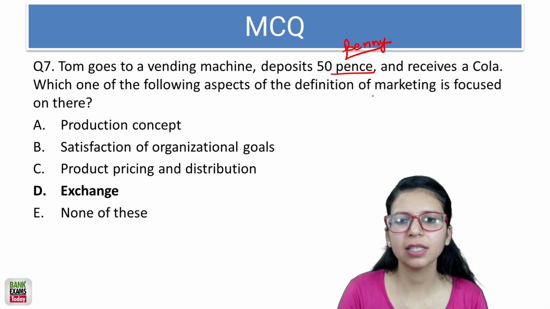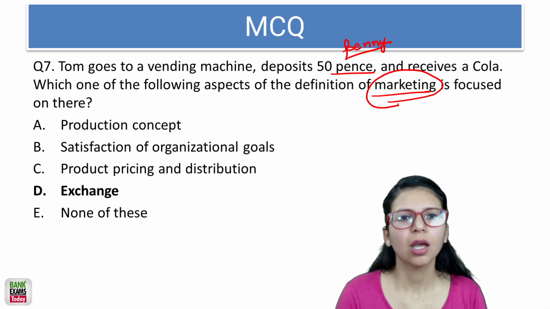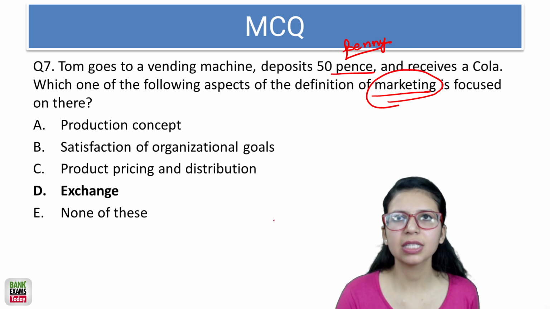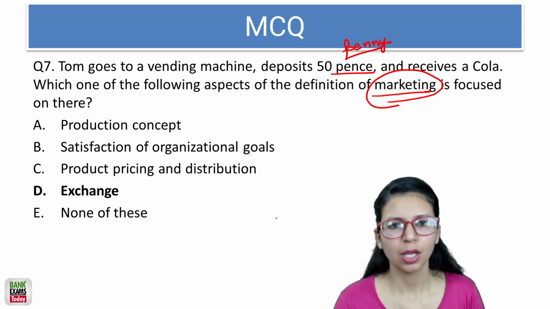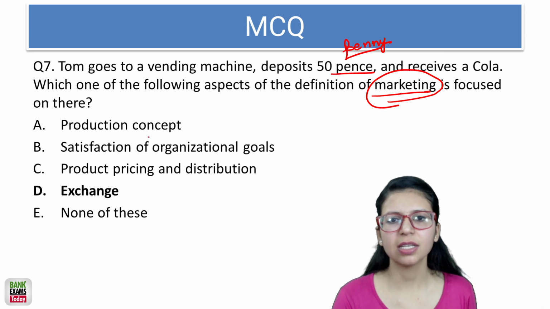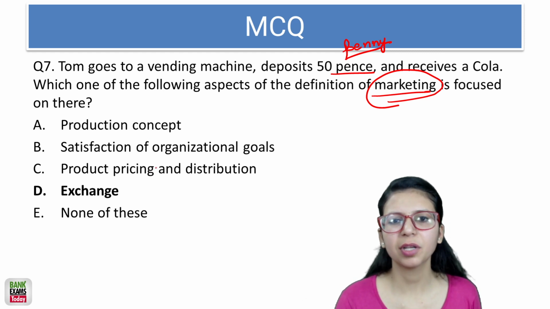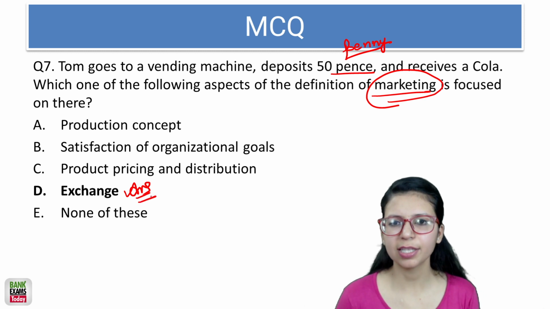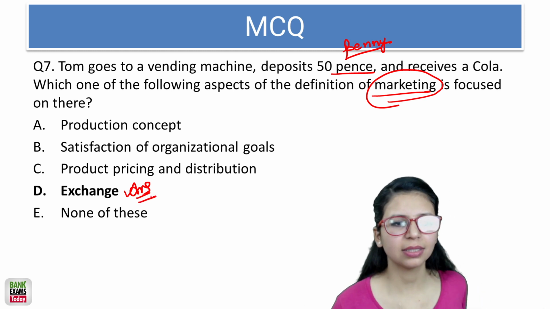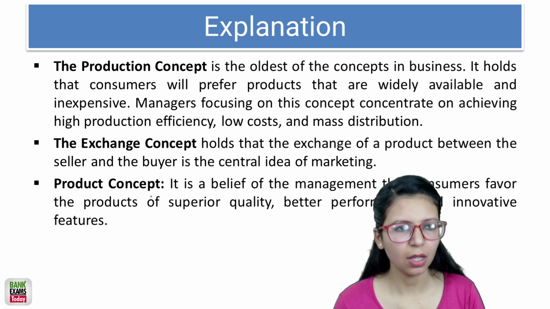You all know that there are many marketing concepts, like the production concept, selling concept, product concept, exchange concept, like that. So out of these, which concept is being referred to here? The answer is the exchange concept, and let's see how.